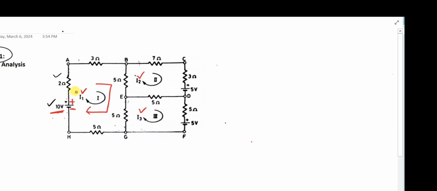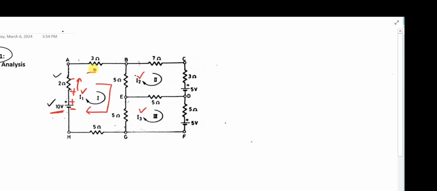Now let's begin. As we all know, current flows from higher potential to lower potential, so current will move from this point. We write this as higher potential and this one as lower potential.